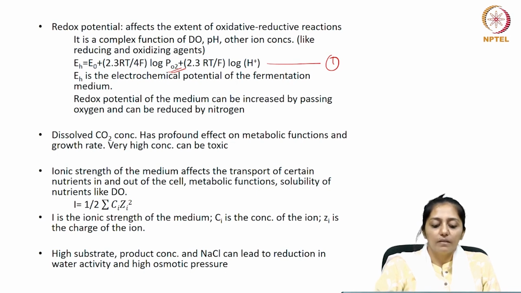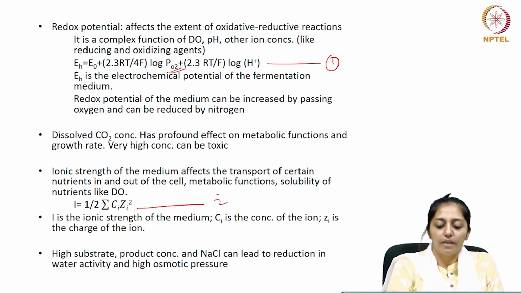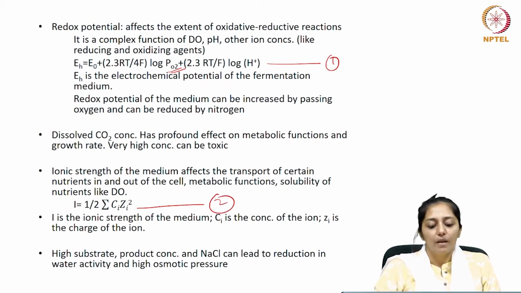Ionic strength can be defined as given in equation 2 for the medium, where Ci stands for the concentration of a particular ion and Zi is the charge of that ion in the medium. So it is a sum of all the ionic species and their associated charges which make up the ionic strength of the medium. High substrate and product concentration and sodium chloride can lead to reduction in water activity and high osmotic pressure.